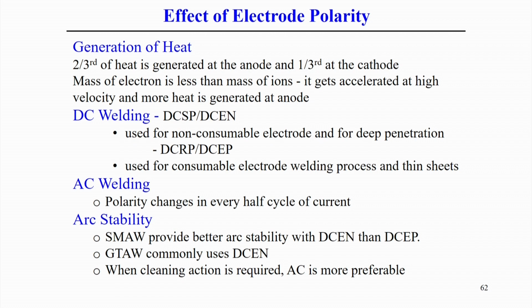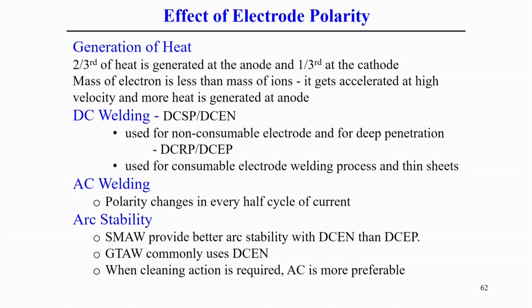So the maximum amount of heat will be generated in the workpiece. Typically 70% of the heat will be generated at the anode and the remaining 30% at the cathode for the DC-EN polarity, that means direct current electrode negative polarity.